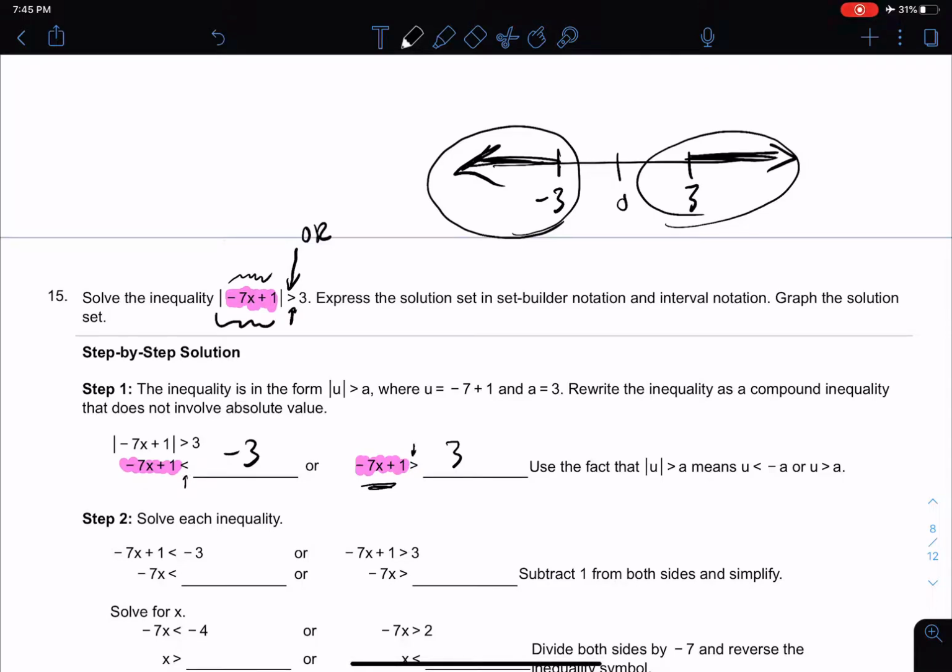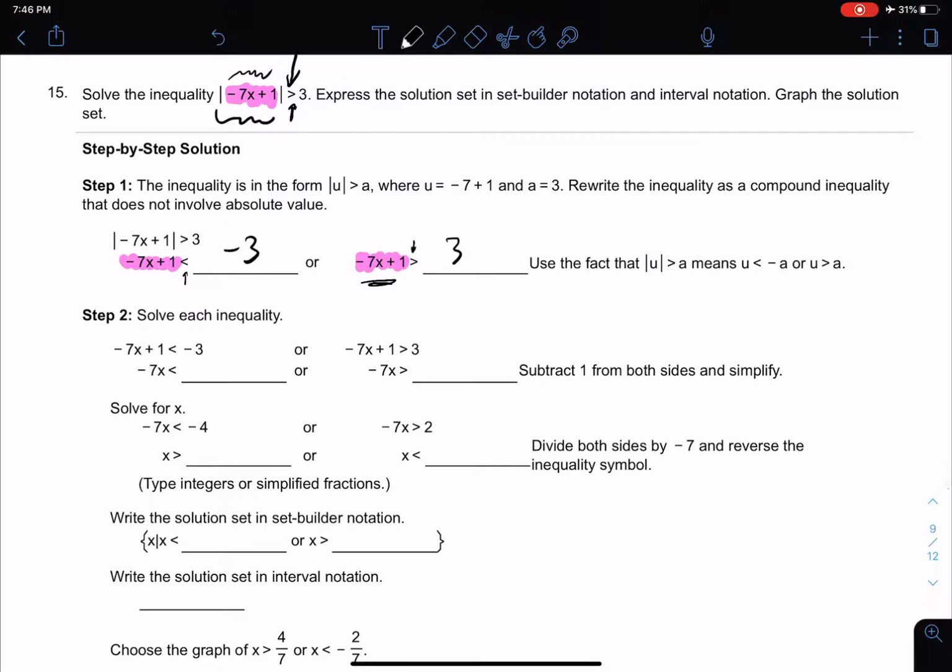Okay, the next step says subtract 1 from both sides. Let's see, what's going on? Okay, last problem they showed us that little 1. This one they didn't show us.